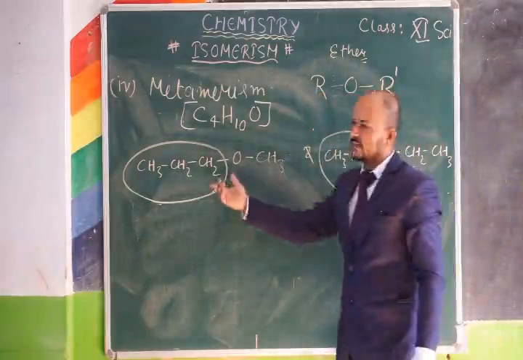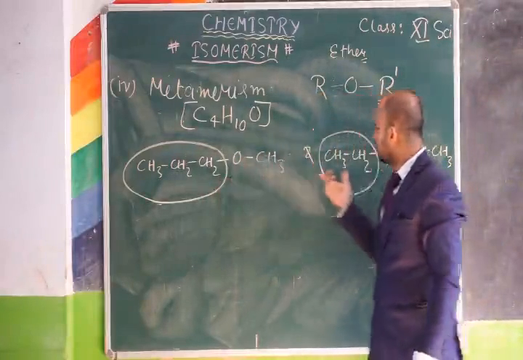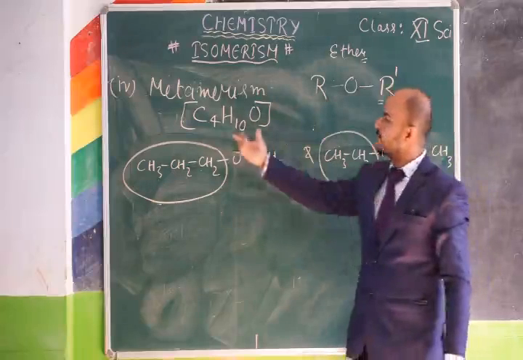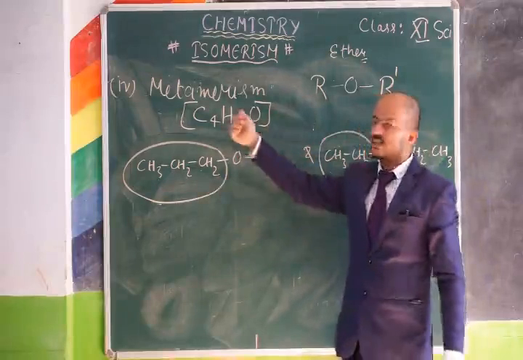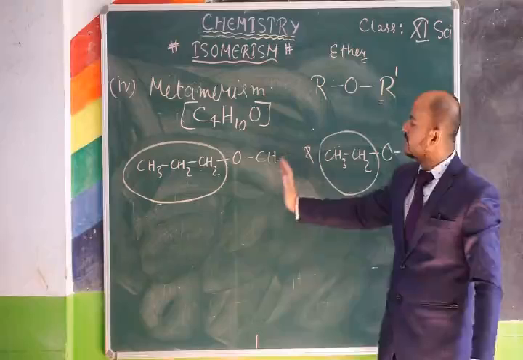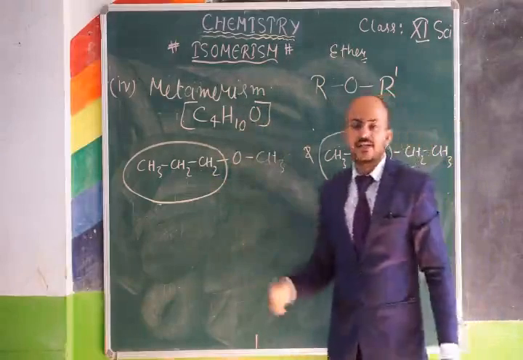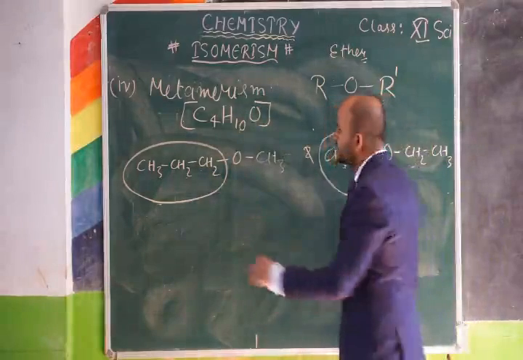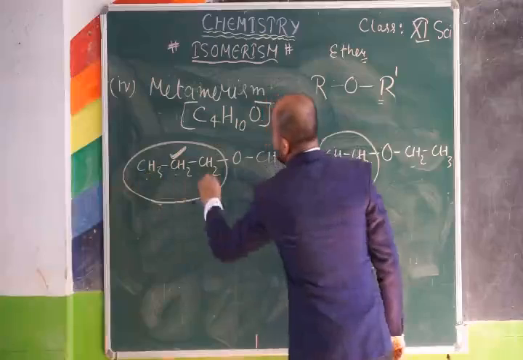But these two are derived from the same molecular formula. Therefore, they are known as metamers, and this phenomenon is known as metamerism. So here you have to remember this difference in the number of carbons in the alkyl group part of the ether.